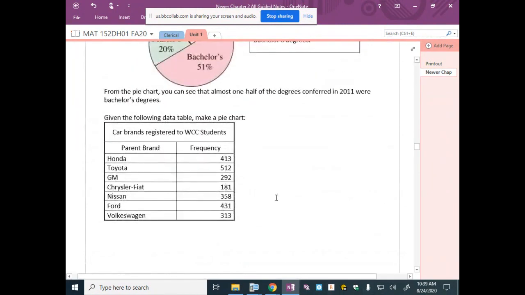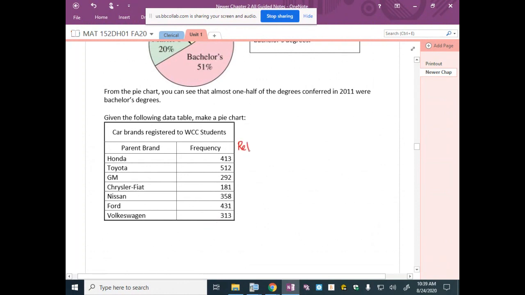All right, we're going to make a pie chart of this. Car brands registered to Wayne Community College students. So the first thing you've got to do is add up all of these and get the true count.